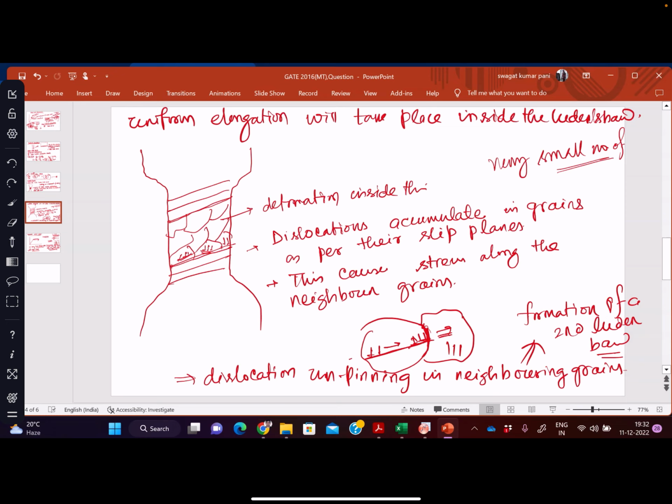So even 0.4, 0.6 is too high. You can check in Raghavan's materials science book, there is one question: what carbon atom concentration is required to pin a dislocation? There I have seen that a very small number of carbon atoms are required. So this will not affect the concentration much.